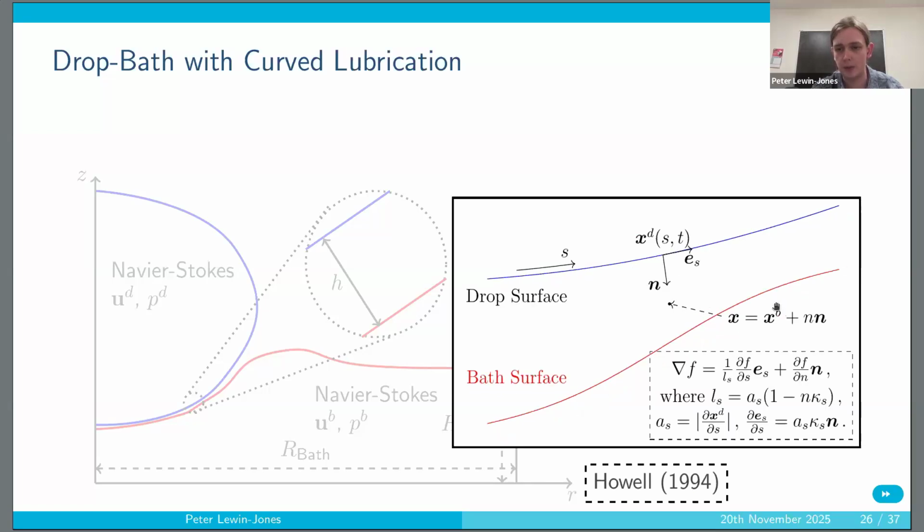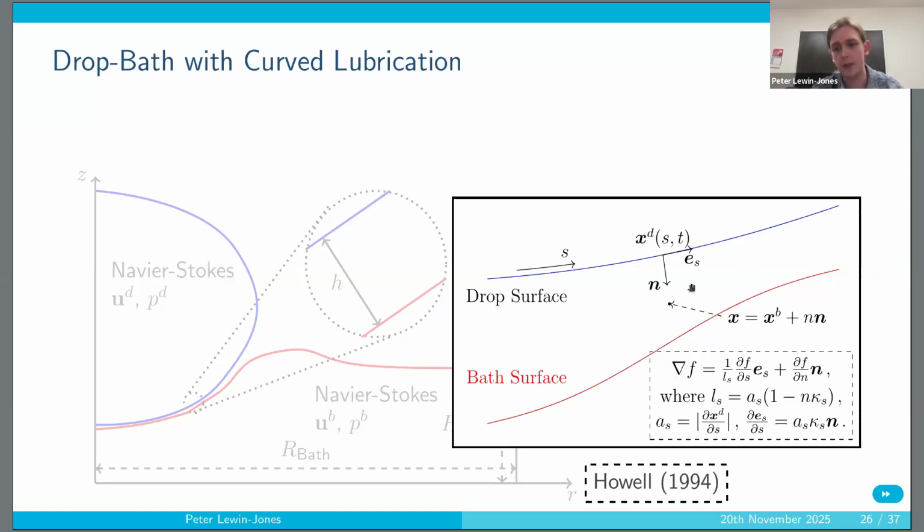That should be an xd, apologies, that's a typo. So that should actually be xd on my surface, and I'm projecting out in the normal direction. Then I can work out what the gradient and the divergence are as I move around in this surface that's parameterized as the distance away from some curved surface.